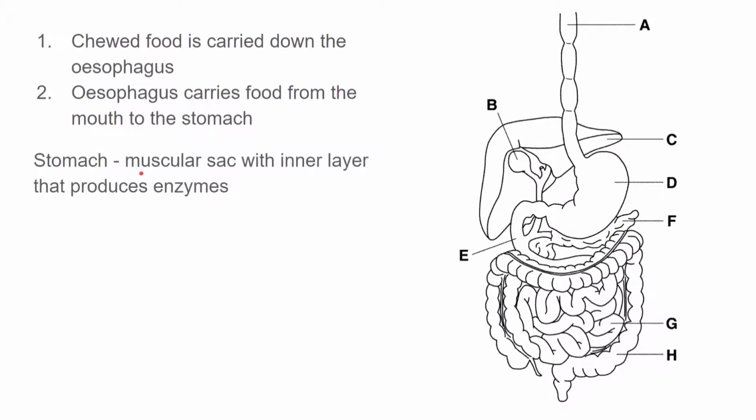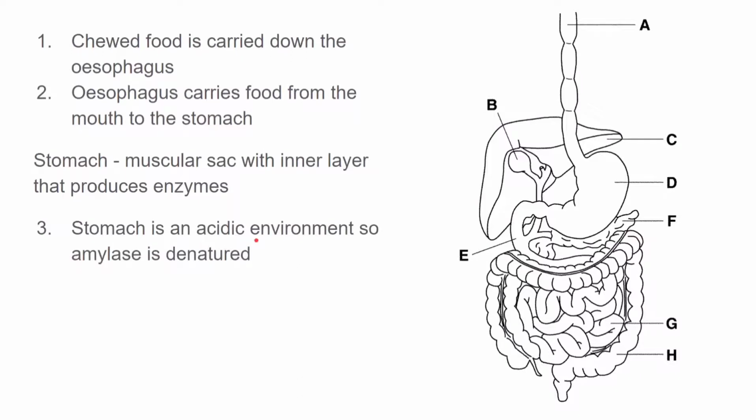And so our stomach, as a general definition, is the muscular sac with an inner lining or layer that produces enzymes. So this organ is still part of our alimentary canal because it holds the actual food at one stage in the digestive system.